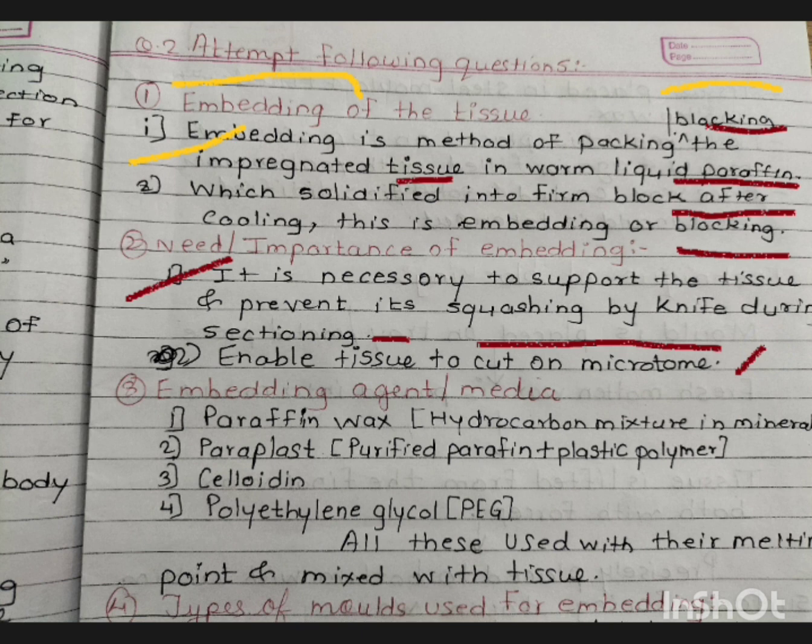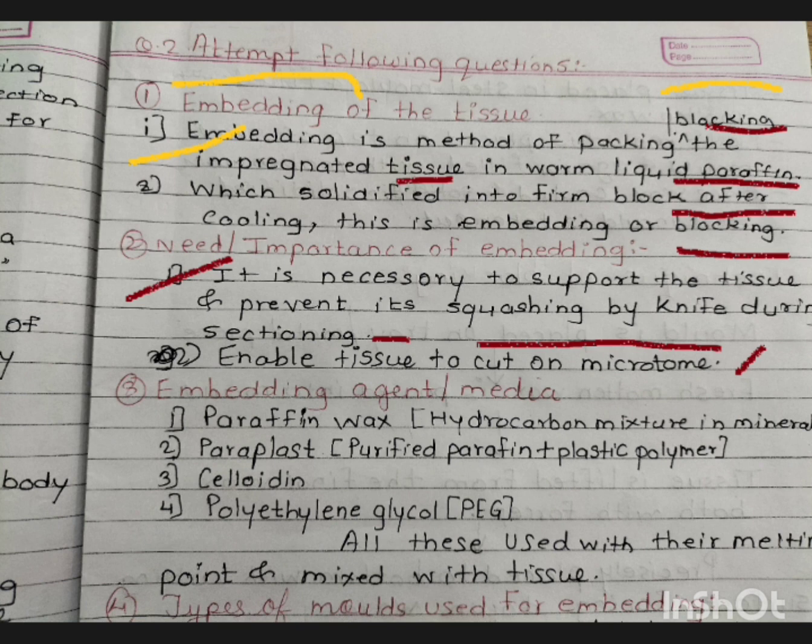Next, after the definition and importance of embedding, which media are used for embedding, or which are the embedding agents? We have already discussed that they are in melted form.